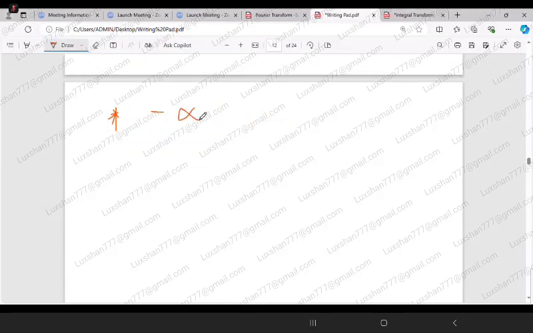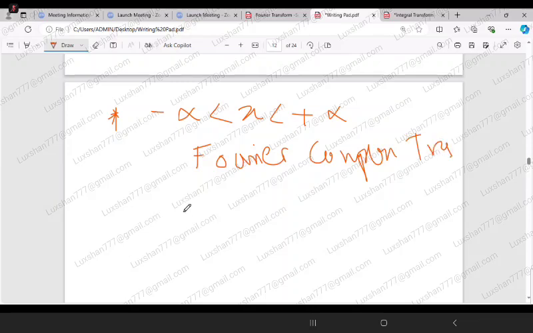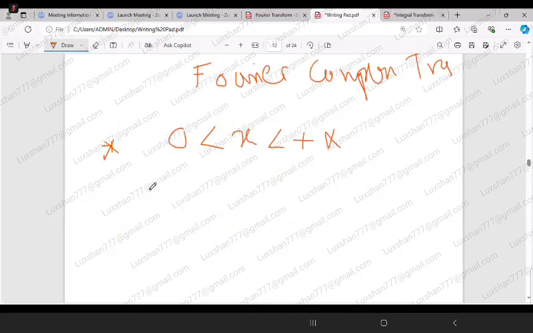If the range is x from minus infinity to plus infinity, then you have to go for Fourier complex transform. If 0 less than x less than plus infinity, and if you know u 0 comma t, then go for Fourier sine.